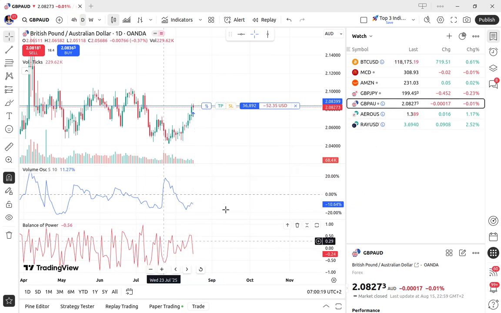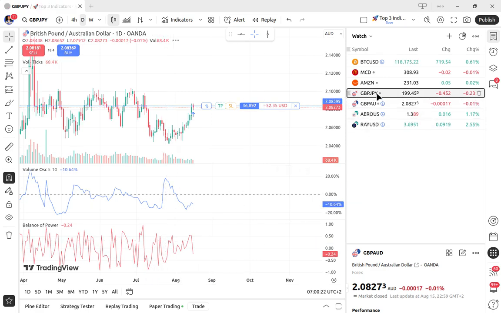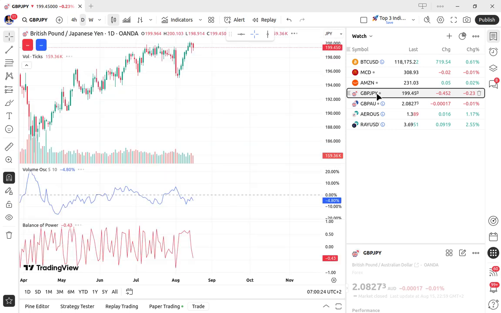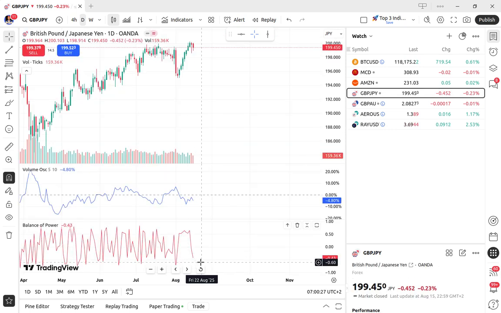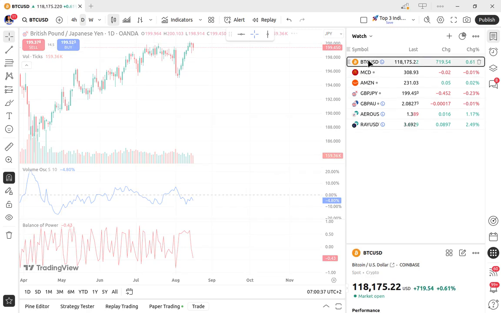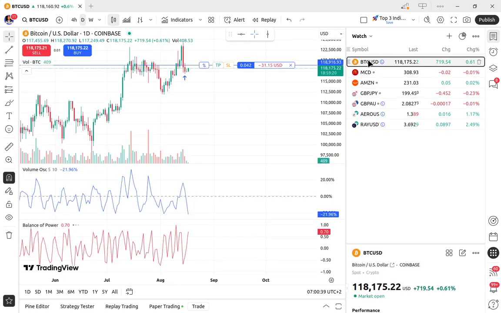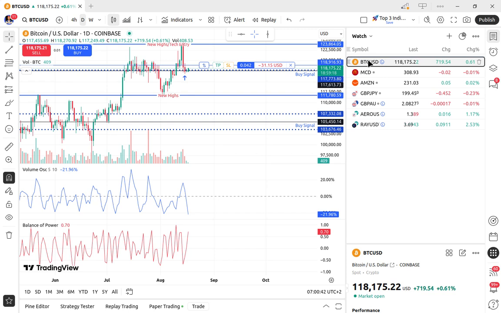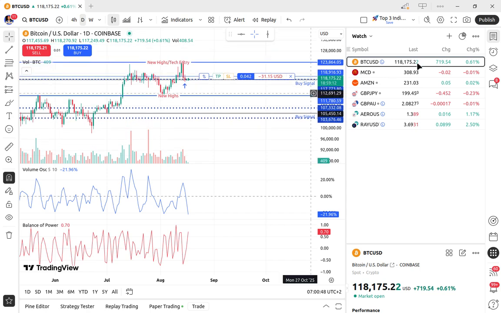As you can see, the balance of power is below zero, and the volume oscillator is also below zero, and that's the key. I want you to understand that that's the key. If I see something like that, then that's how I will know if there is a trade to benefit from.